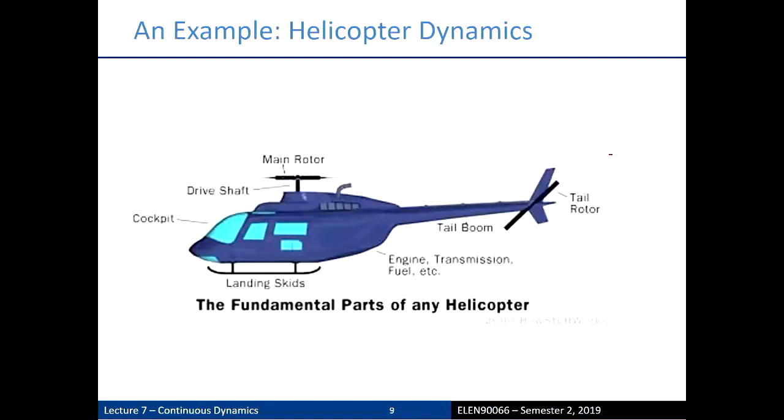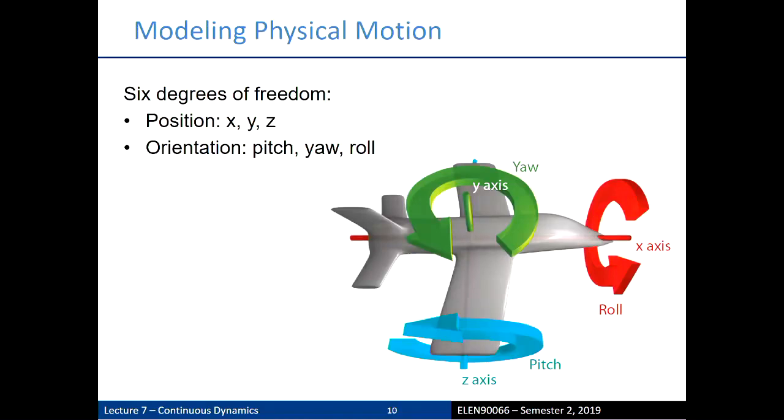So the example I'm going to give you is a really dumbed-down version of a helicopter, and I'm going to frame it in a very different way that underscores our look at hybrid systems, okay? Fundamental parts of a helicopter. I'm sure you know the fundamental parts of the helicopter. But it's a difficult problem.